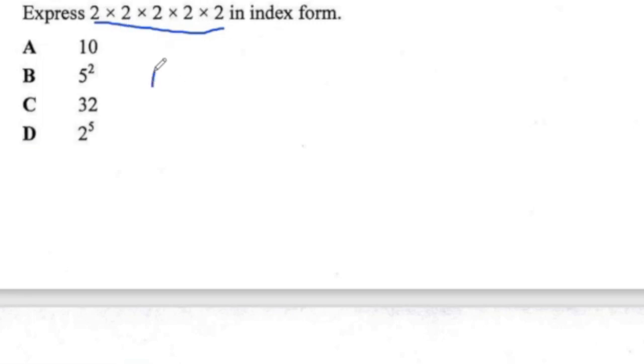So we're going to use 2 as a base. Then we count how many 2's have been multiplied. There are 1, 2, 3, 4, 5. 5 2's have been multiplied, or 2 has been multiplied by itself 5 times. So we're going to write the small 5 here. So we're going to have 2 raised to the power of 5. So that's the correct answer, 2 raised to the power of 5, which is D.